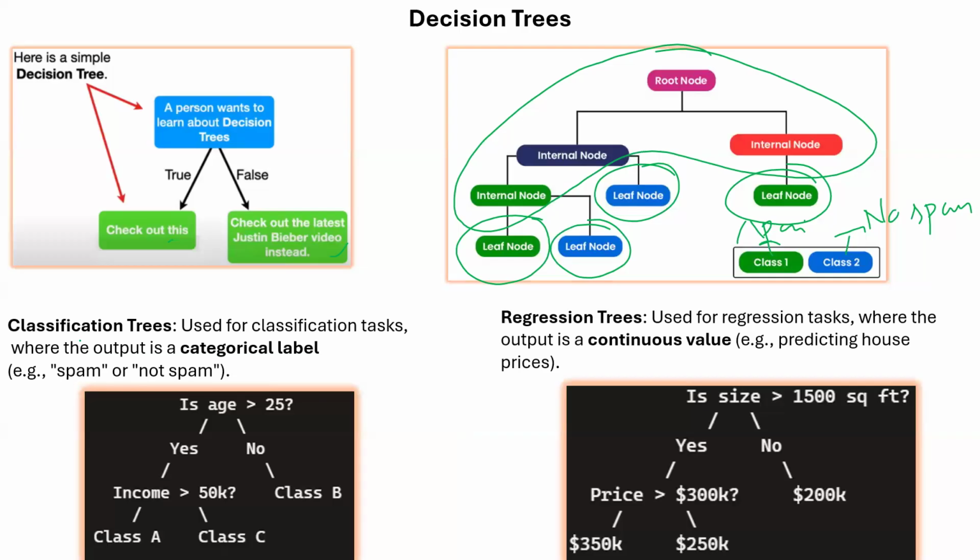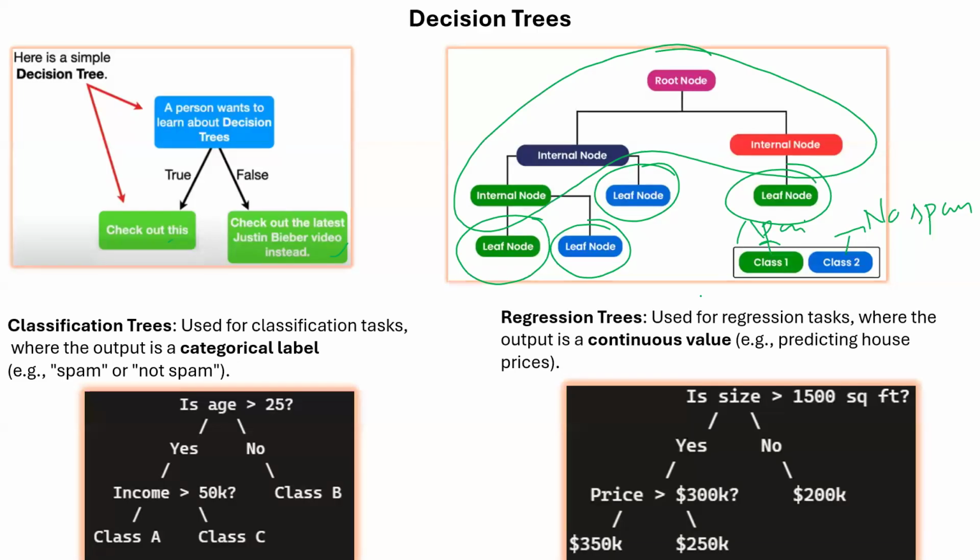Now, classification trees are used for classification tasks where the output is a categorical variable. If the leaf node is a categorical variable, such trees are called classification trees. Spam or no spam, dog or cat: if the leaf node is a categorical variable, we call that a classification tree.